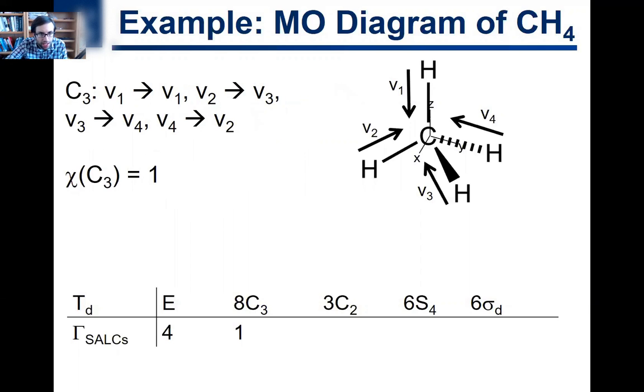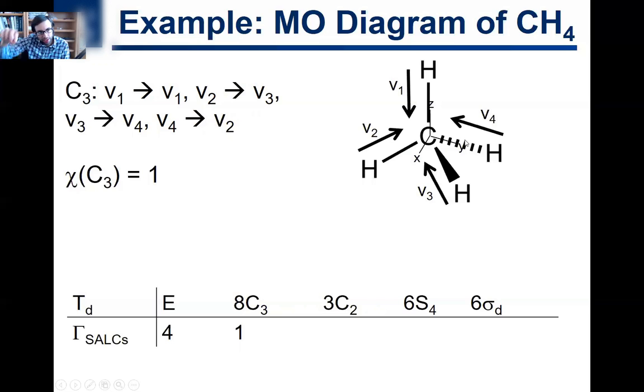We carry on, and now I'm not going to write the matrices anymore. Basically, if anything goes to itself, you're going to get a 1 on the diagonal. If something goes to something else, you're going to get a 0 on the diagonal. If it goes to the negative of itself, you're going to get a -1 on the diagonal. So you can think about a C3. V1 is going to go into V1, but then V2, V3, and V4 are all going to interchange.